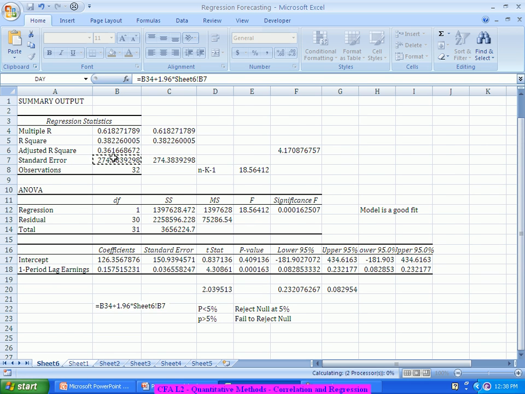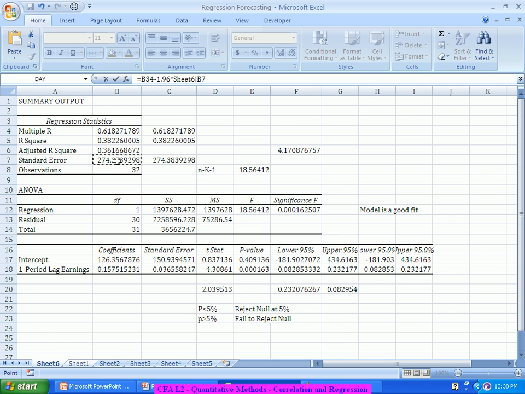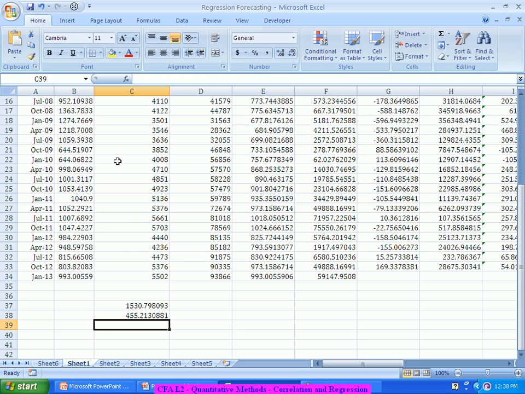So my accuracy is not coming up that much. It could go up to 1530 on the higher side, or it could fall to 455. So though the value I have predicted is 993, it could very well range from 455 to 1530. That is the 95% confidence interval of my predicted value.